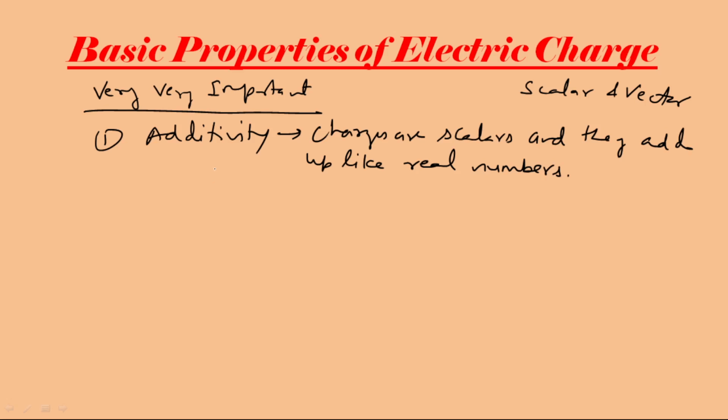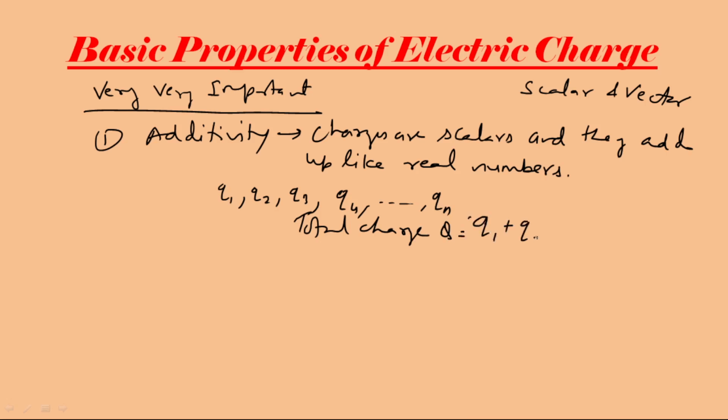So if there are many charges Q1, Q2, Q3, Q4, up to Qn, charges are denoted by capital letter Q and also small letter q. It means the total charge Q will be equal to the addition of all the charges, Q1 plus Q2 plus Q3 plus Qn, if n number of charges are there.